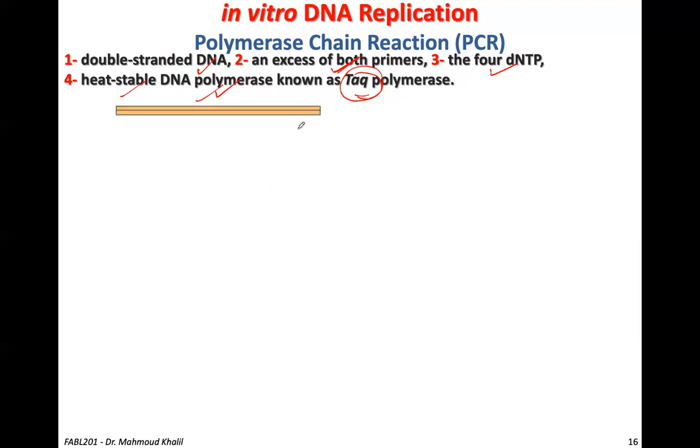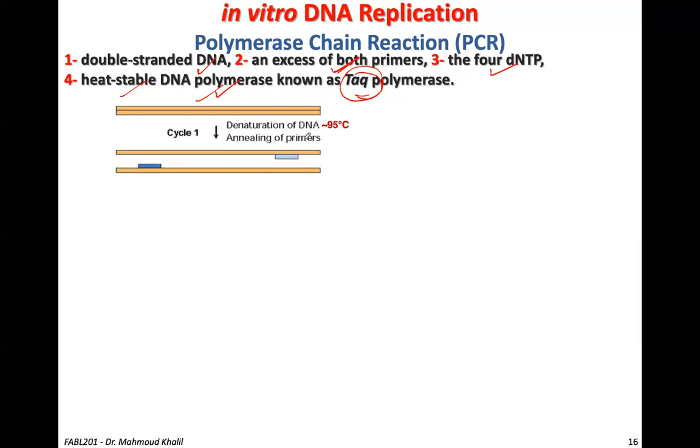So it starts, you have a double-stranded template, double-stranded DNA, and then you increase the temperature to 95. This will lead to melting of the DNA. So you can see that each of the single strands is melted. And when you lower the temperature to around 50 to 60, the primer starts to anneal on the single stranded DNA.